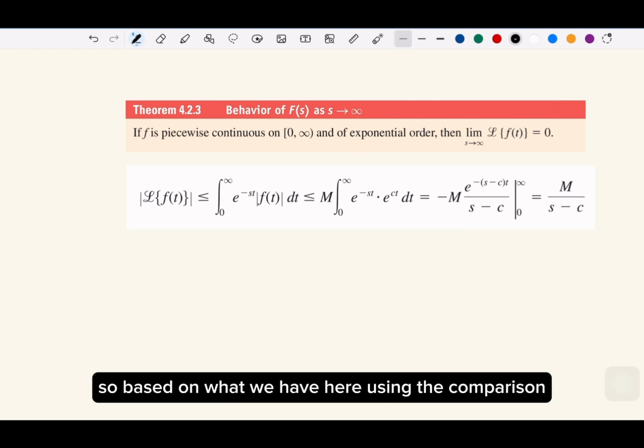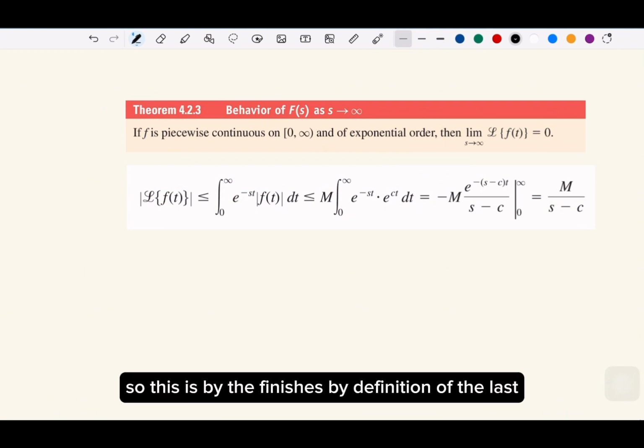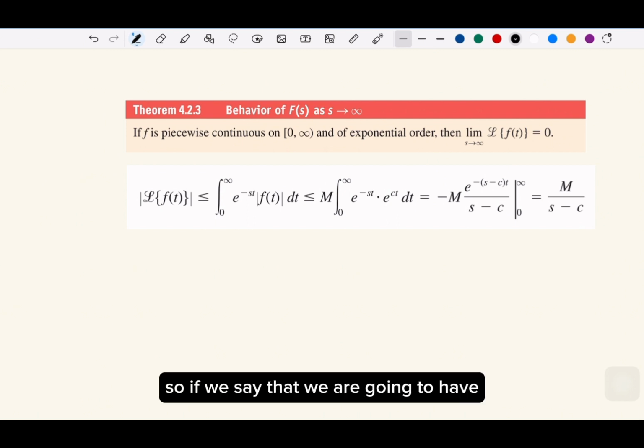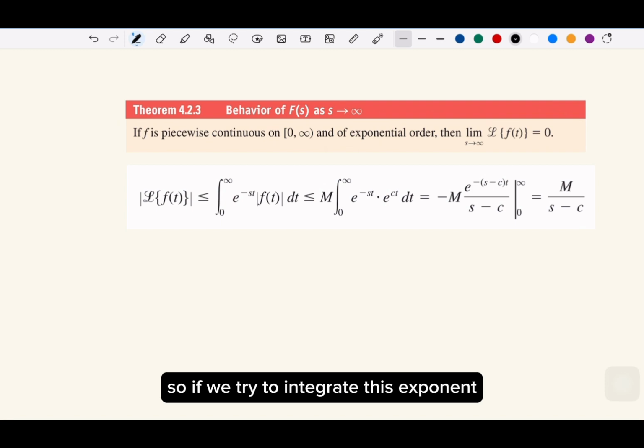Based on what we have here, using the comparison from the previous part, this is by the definition of the Laplace transform. If we say that we have this value of M, and we integrate this exponent, this will be the form. I would like to focus on this s minus c.